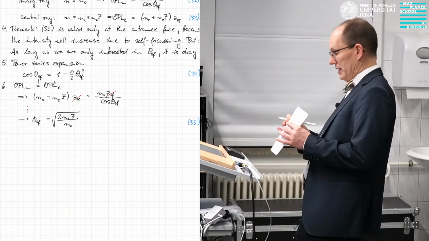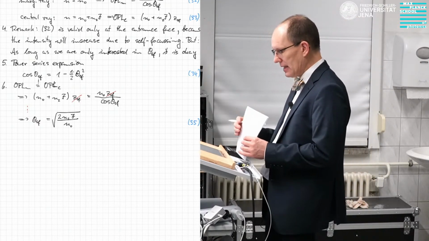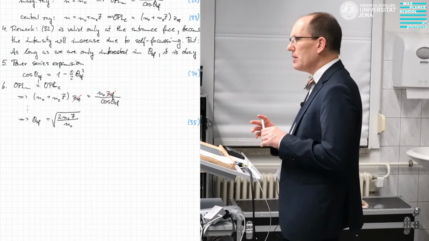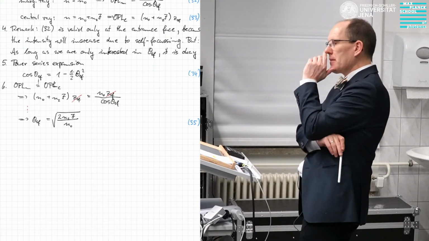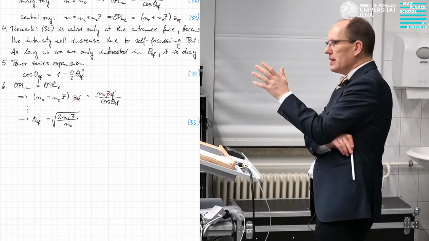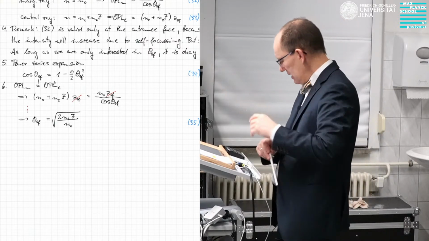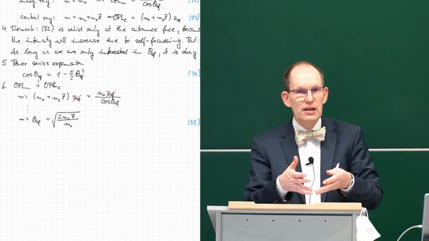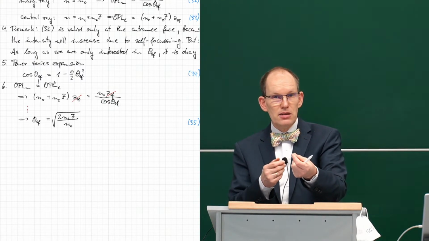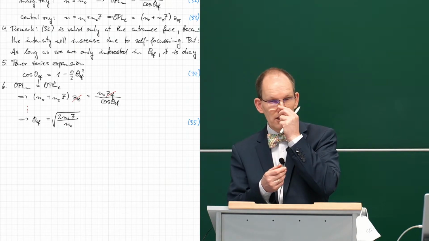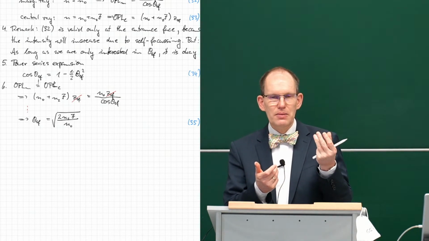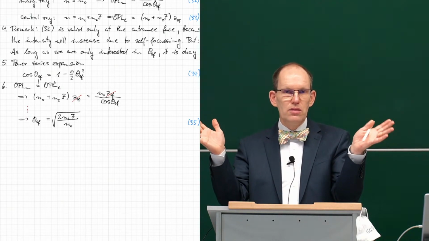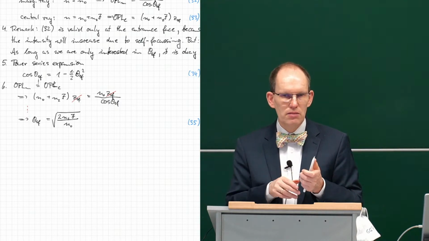So, next point. We said now that the pulse self-focuses, so that its spot size gets smaller and smaller. But on the other hand, we know that every beam also diverges due to its wave nature, due to interference.